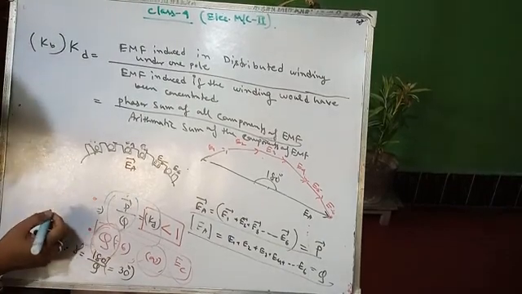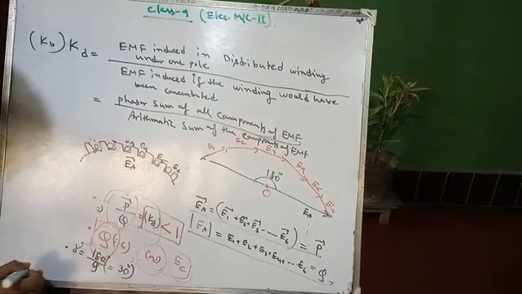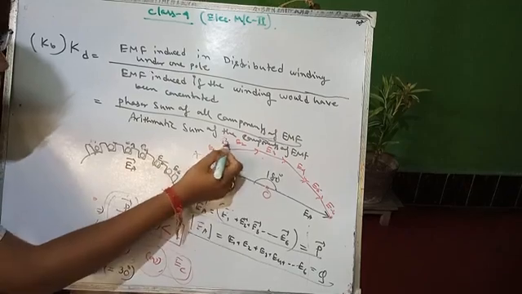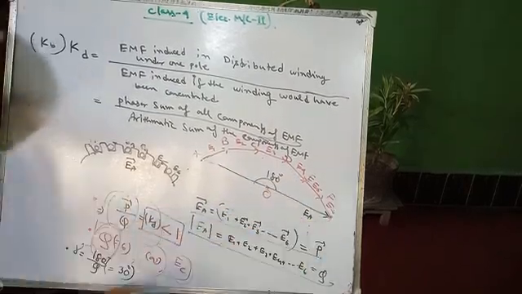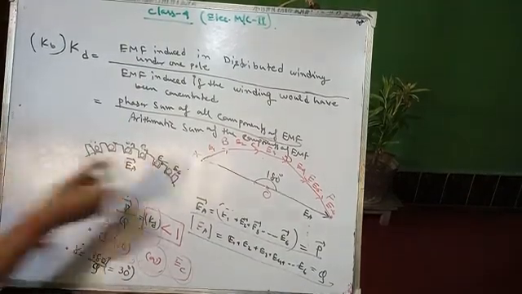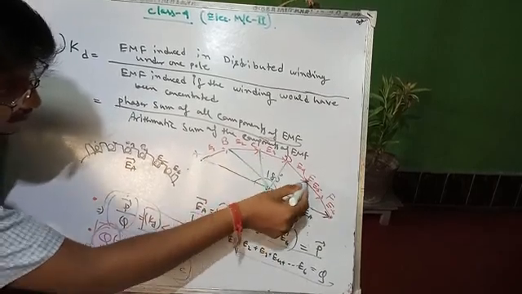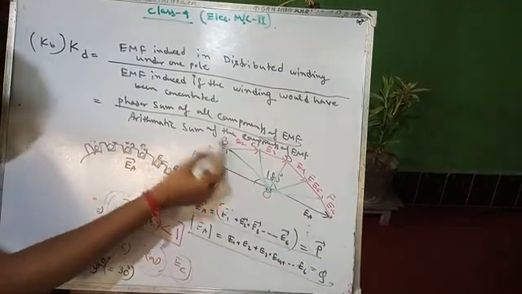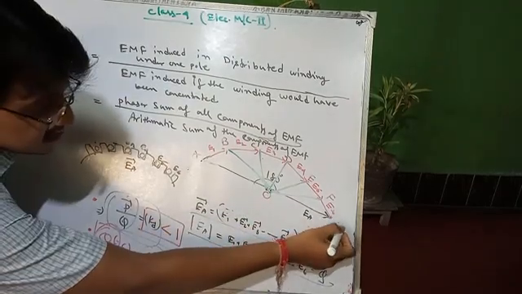Suppose this is point O, and these are points A, B, C, D, E, F, G. By joining these points we get OA, OB, OC, OD, OE, OF, OG.